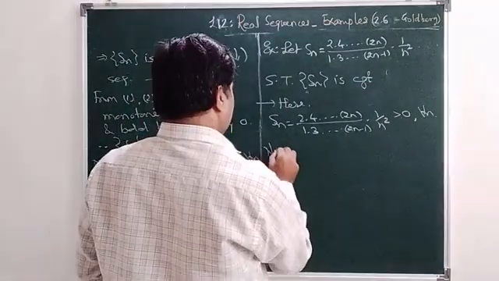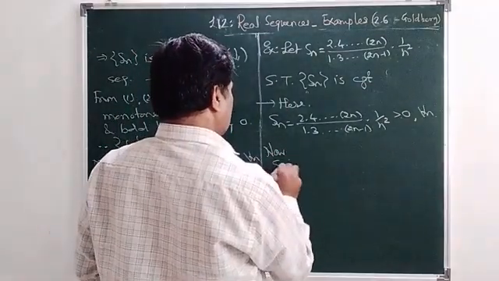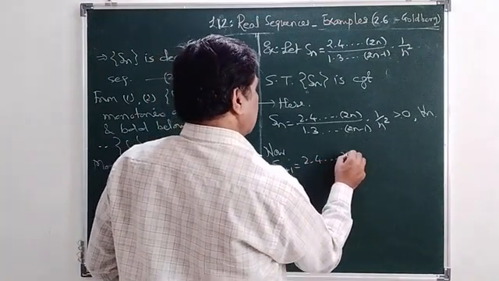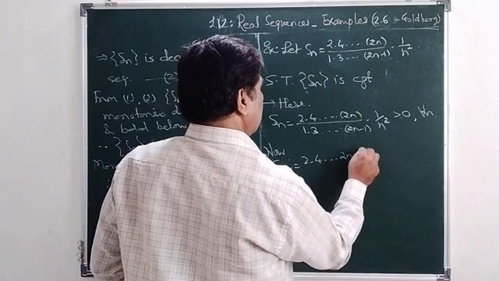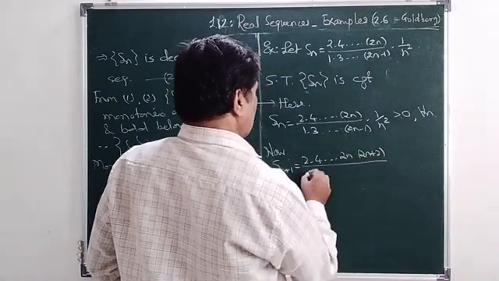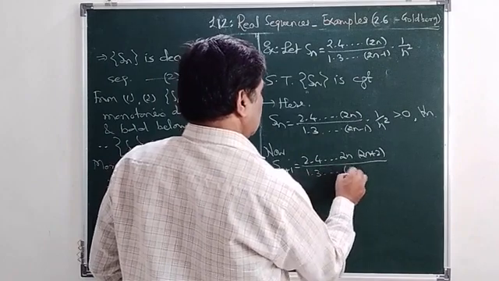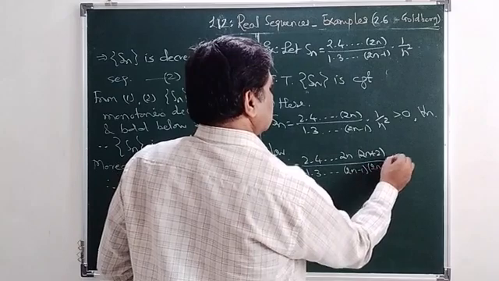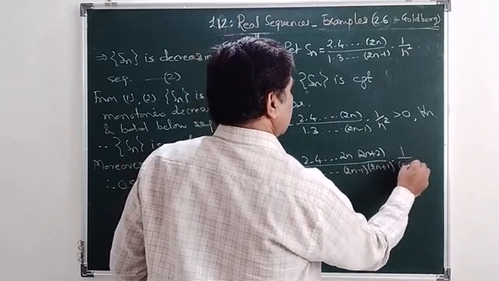Now Sn plus 1 is equal to 2, 4, dot dot up to 2n, next term is 2n plus 2, upon 1, 3, so on, 2n minus 1, next is 2n plus 1, into 1 upon (n plus 1) whole square.